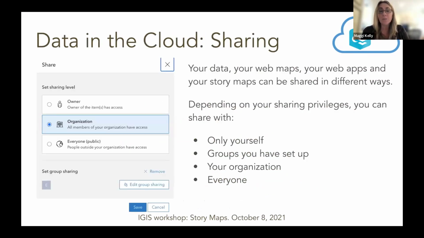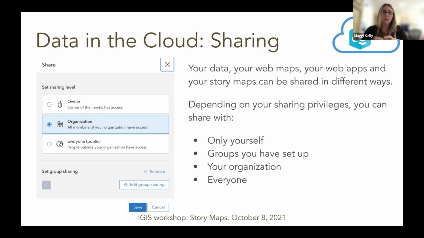Another thing to pay attention to when you're working in the cloud is sharing. And Esri does a good job here. Every single dataset that you're going to work with has some sharing capacity attached to it. And Esri separates out sharing into, you can have it private, so only you can see a dataset. You can share it with a group, and we haven't mentioned groups yet, but in ArcGIS Online, your administrator can set up different groups.